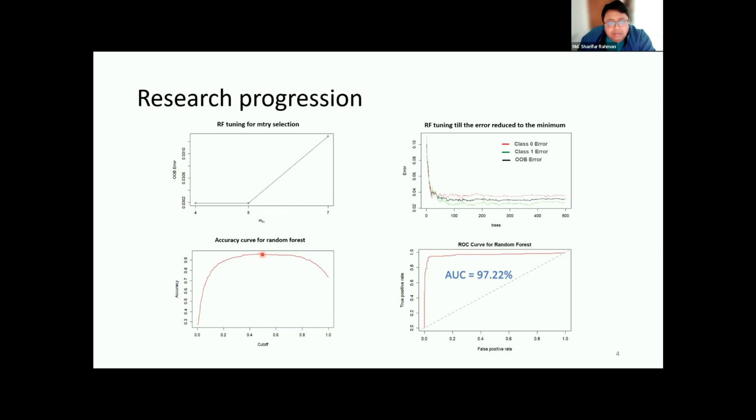Here you can see in the right lower part, the ROC curve. The ROC curve is a very good indicator that our RF classifier was doing very well, and our AUC was 97.22%. It's very good.